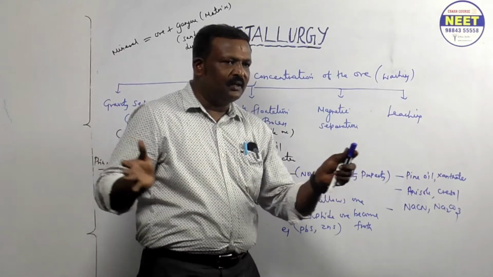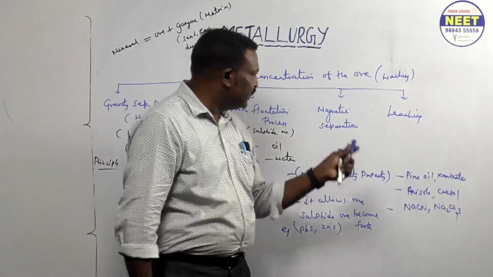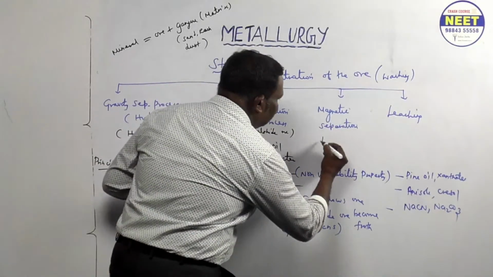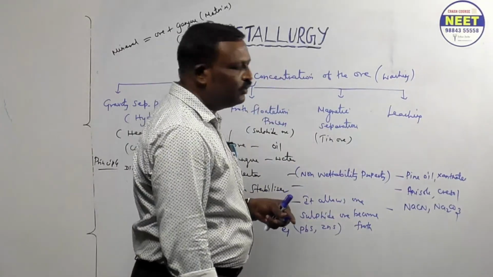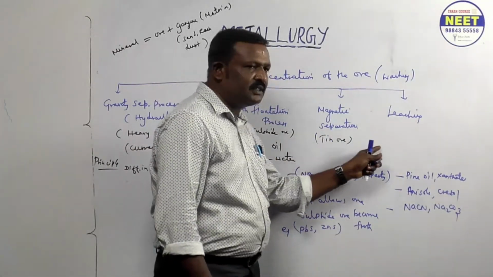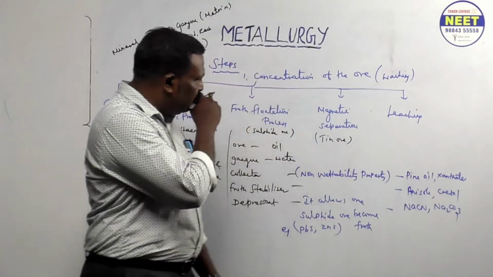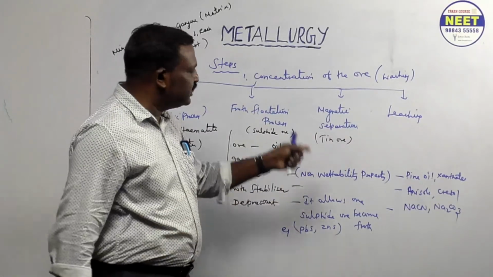So magnetic and non-magnetic substances are separated at one end. That's why it's the magnetic separation method. Mostly, tin ore can be separated by this method. Tin ore means we have tin stone plus iron substance present. Simply, magnetic and non-magnetic substances are separated by this method.